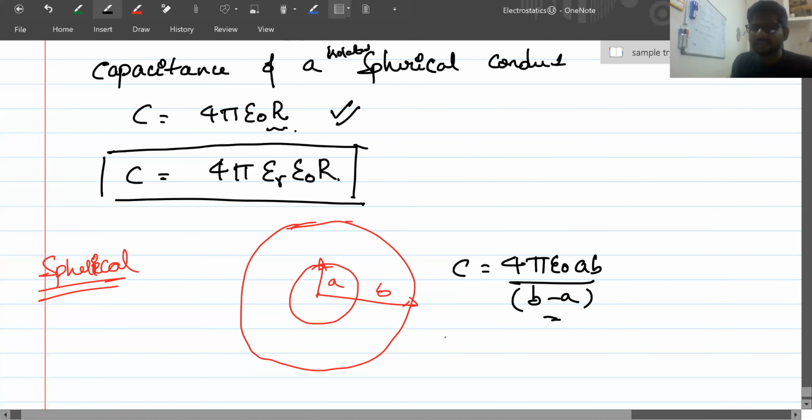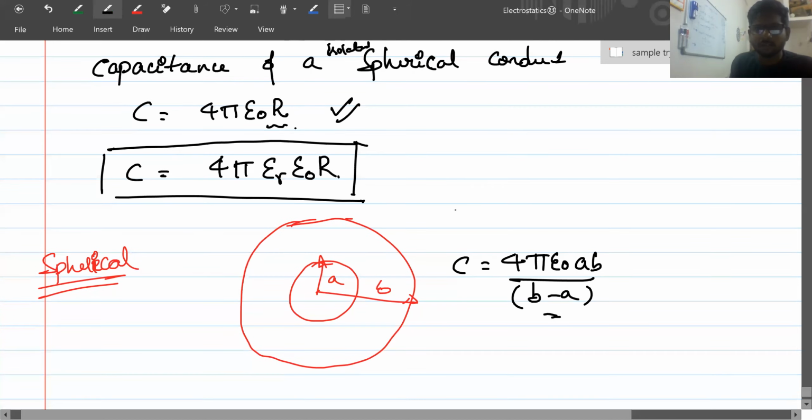So how do you derive these formulas? First you see, for this spherical conductor, I'll take the first conductor. If a charge Q is brought from infinity to the spherical conductor of radius r, what will be the potential here?